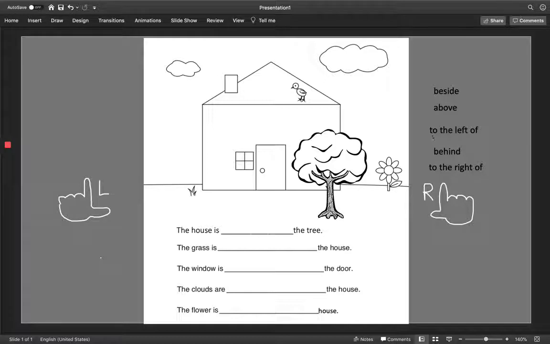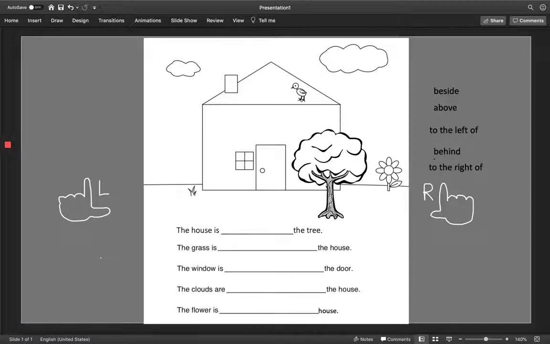Our next word says to the left of. Is the house to the left of the tree? Remember, this is our left. This side is our left. It kind of is. Kind of is more to the left, but I don't think that's the word that fits there.